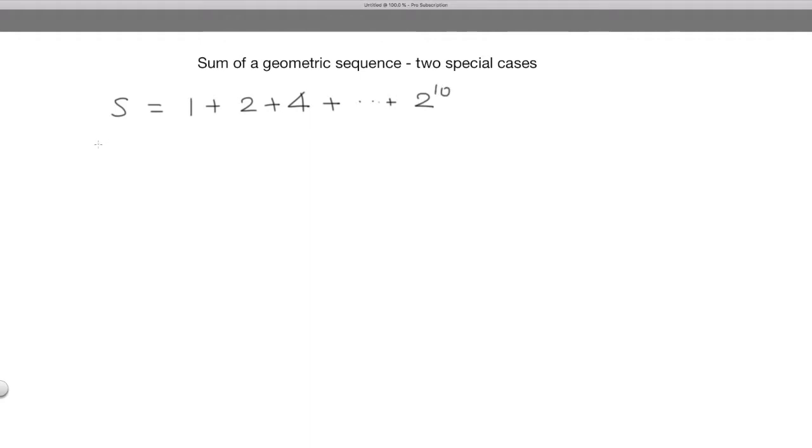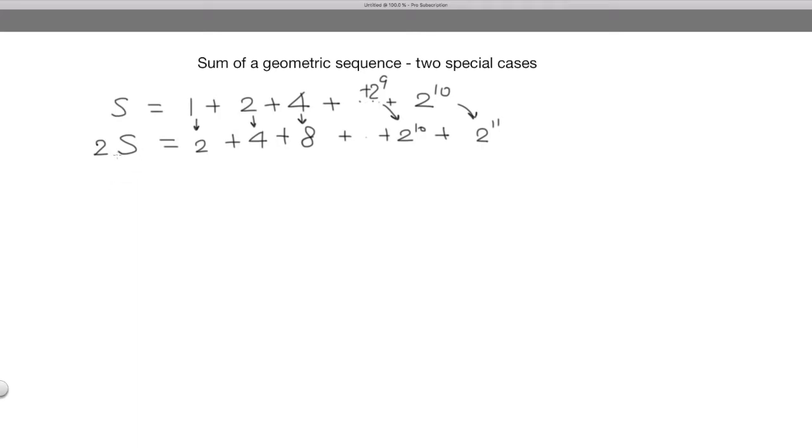And now we multiply both sides by 2. 2S equals, this becomes 2 plus 4, every term I multiply by 2, plus 8, plus all the way to 2 to the power 10, which is the 2 to the 9 term times 2, and plus this term becomes 2 to the 11th. And the next step is a key step.